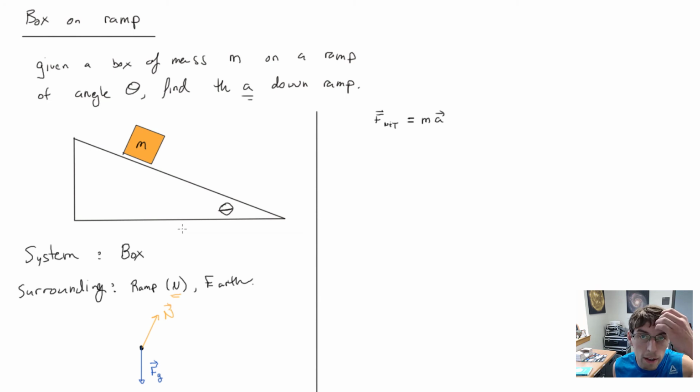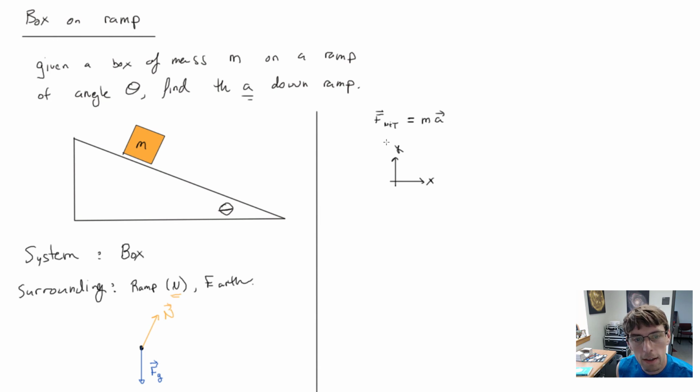Now, in this situation, it works out a lot easier if we do not choose our standard axis orientation. Pretty much up until this point, we've been choosing our axes like this, or some variation, where x represents the horizontal direction and y represents the vertical direction. And again, you don't have to do it this way; you can solve it without doing this.